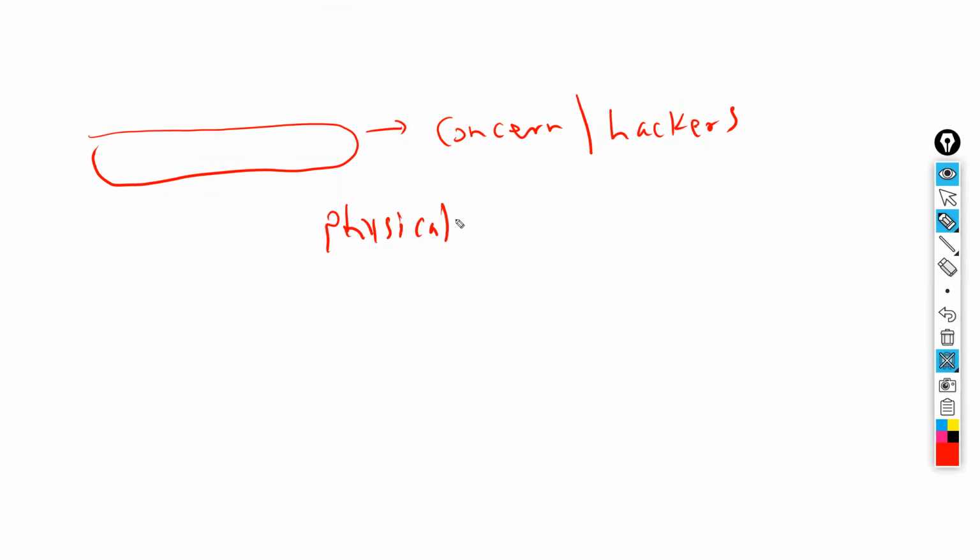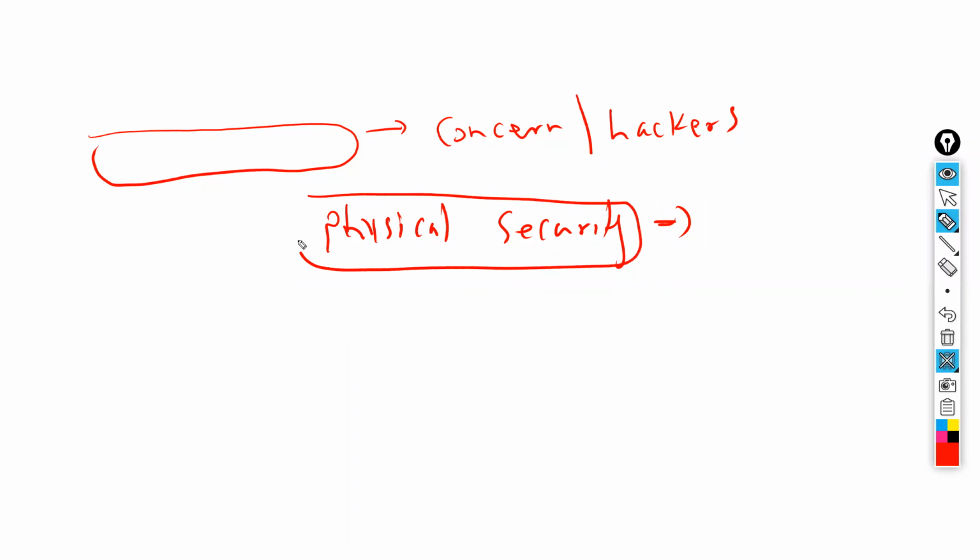Physical security means, for example, someone comes and breaks the doors or windows and steals devices and IT equipment. That is called physical security measures. In order to ensure physical security, we use a CCTV camera system and a burglar alarm system.